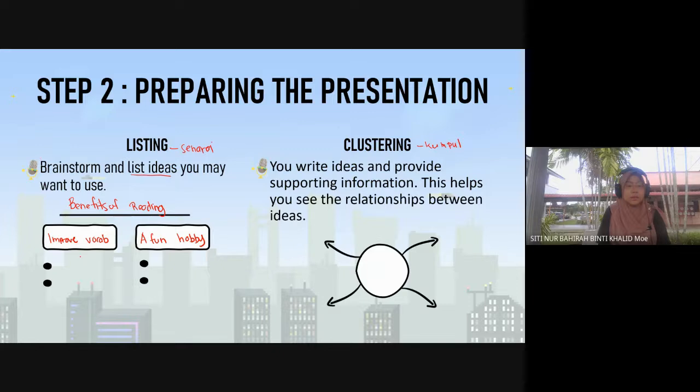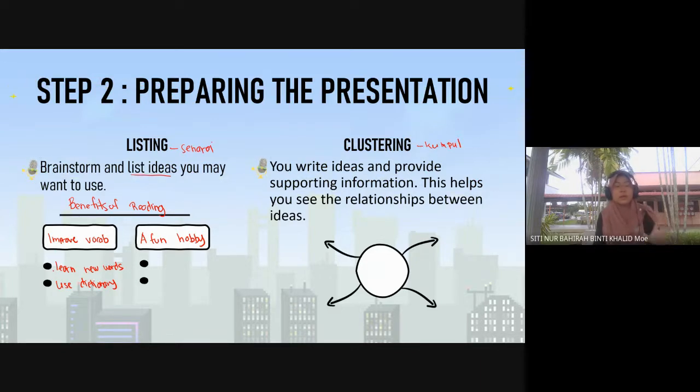And then daripada sini kamu senaraikan lagi. Okay, so improve vocab. Macam mana ni boleh improve vocab kamu? So for example, you can say learn new words and then use dictionary, for example. Okay, so ini adalah bila kamu menyenaraikan apa-apa idea yang kamu ada.